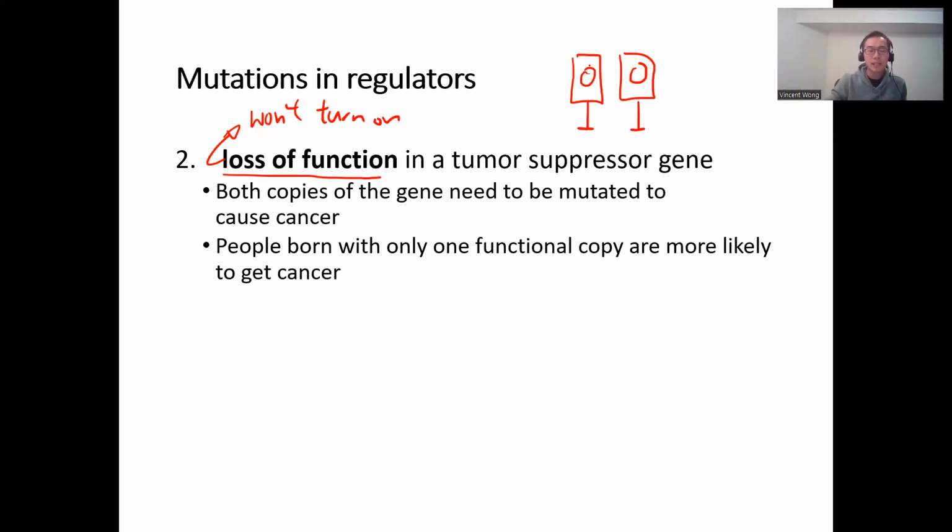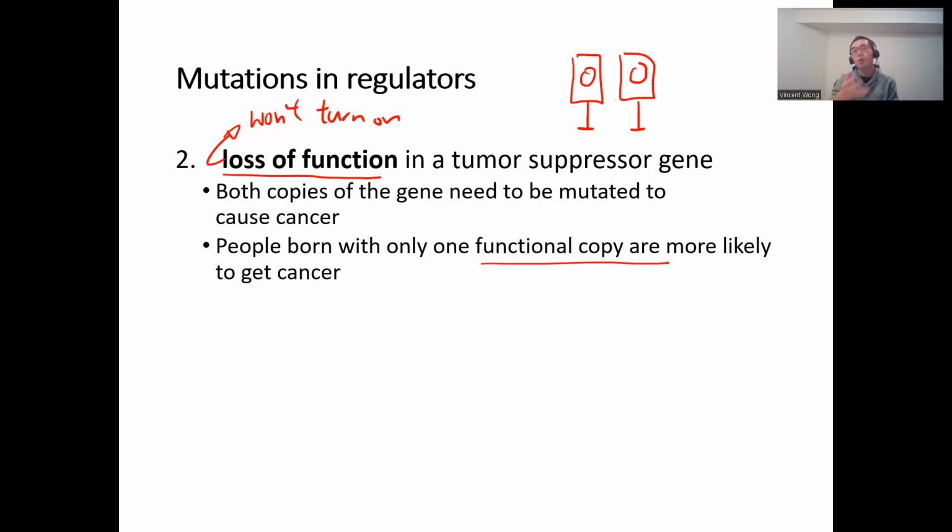So for this reason, people who are born with only one functional copy are more likely to get cancer, right? So people might inherit one bad copy. So in all of their cells, only one red light is working. So if there is a mutation that happens in any of the cells, that's enough to cause cancer.